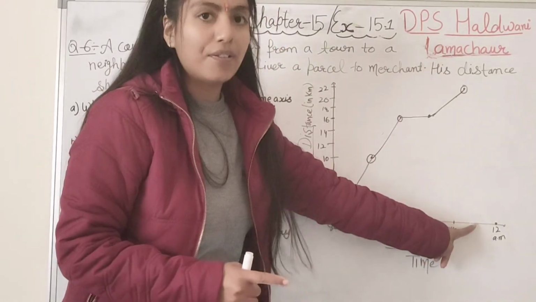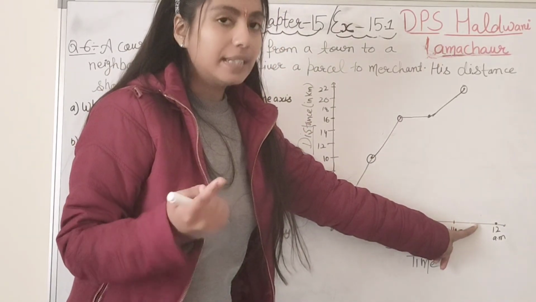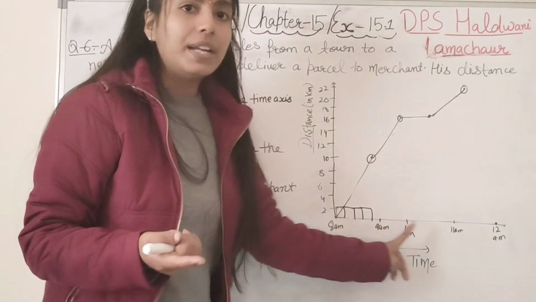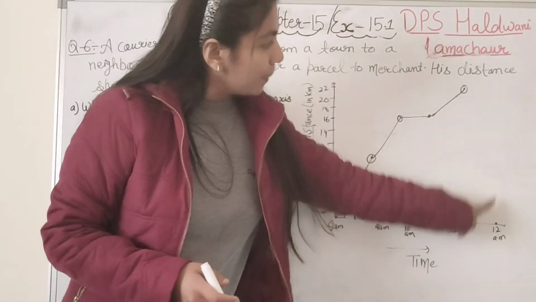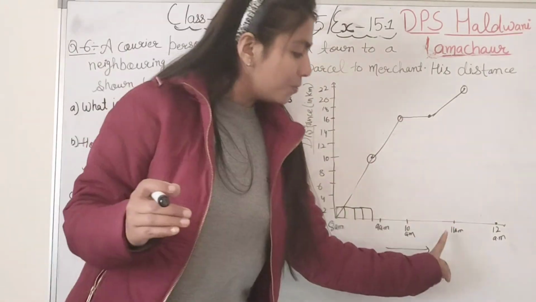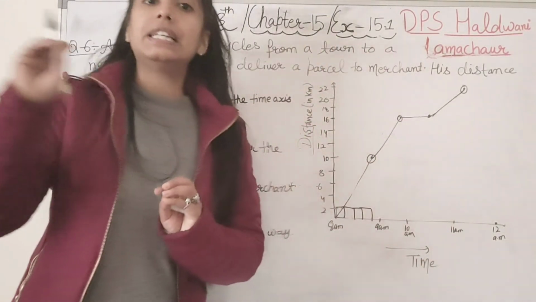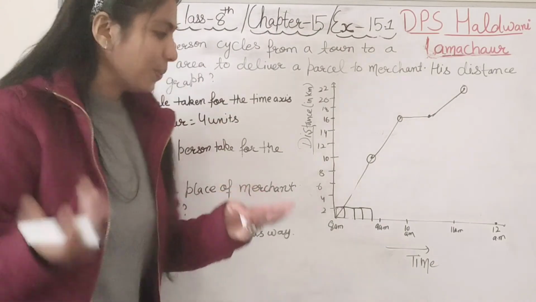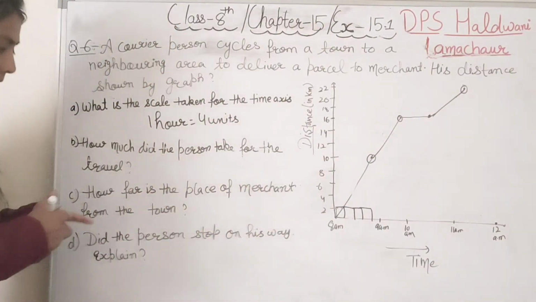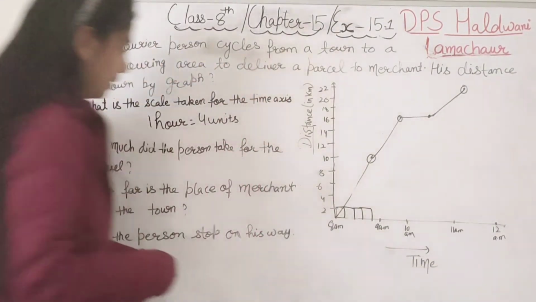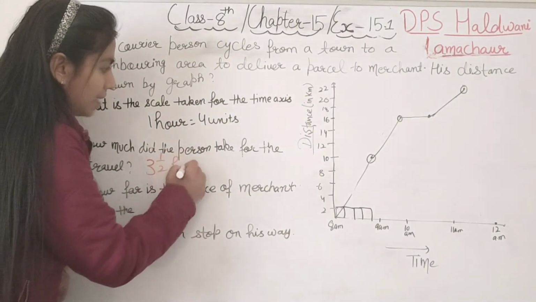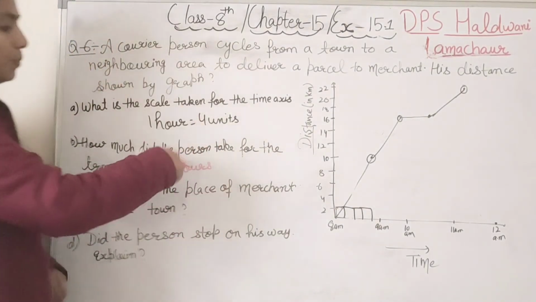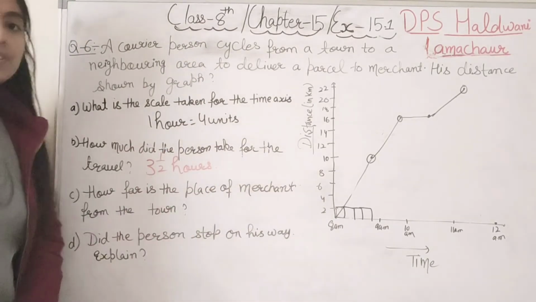You can take half an hour, right? 30 minutes. So it means 3.5 hours he has traveled. Right student? Because till 12 there is no point only. It means in between 11 to 12 he delivered his thing, right? So it means 3.5 hours that the courier boy, that person, took for the travel.